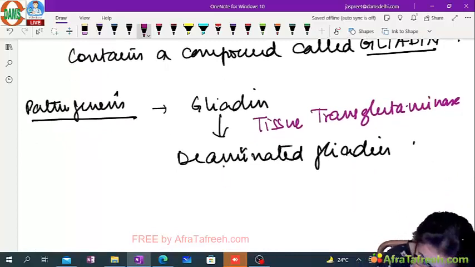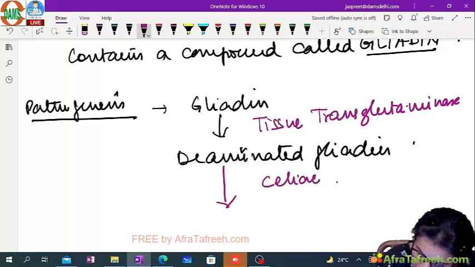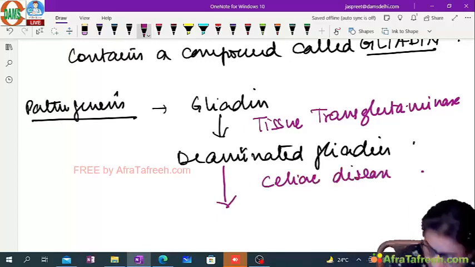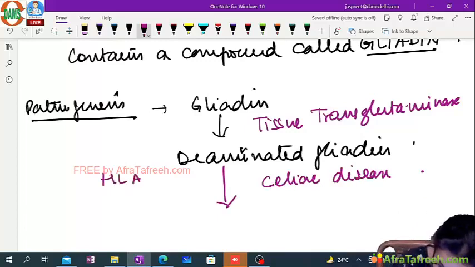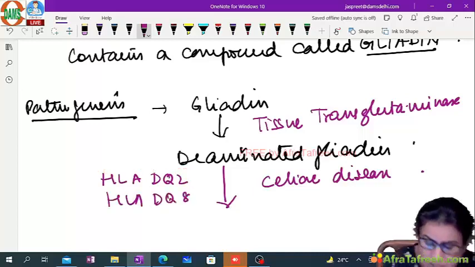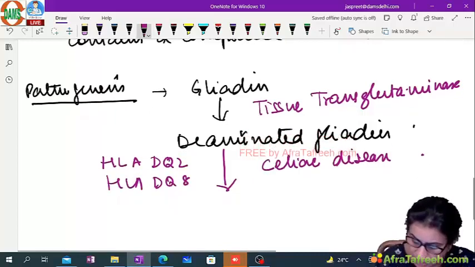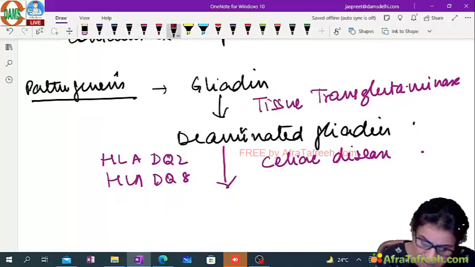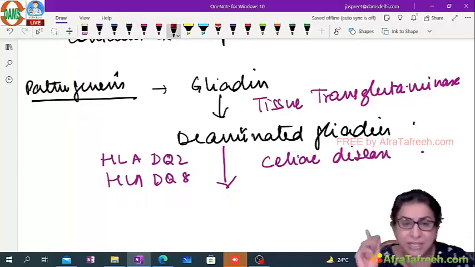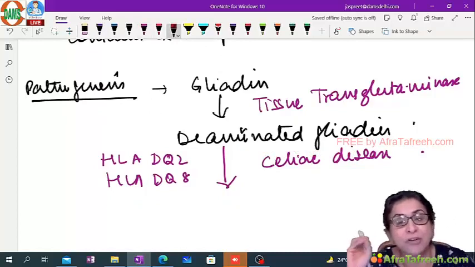But in patients with celiac disease, what happens? Celiac disease is associated with two HLA types, HLA-DQ2 and HLA-DQ8. In patients with celiac, this deaminated gliadin acts like a foreign protein.